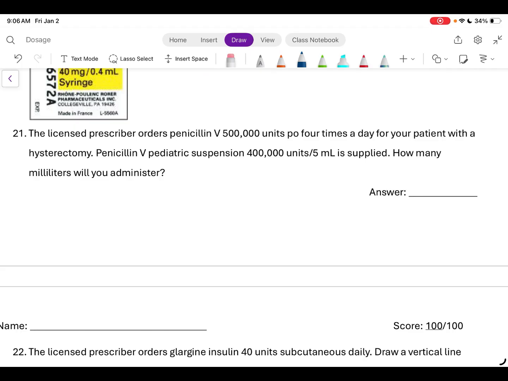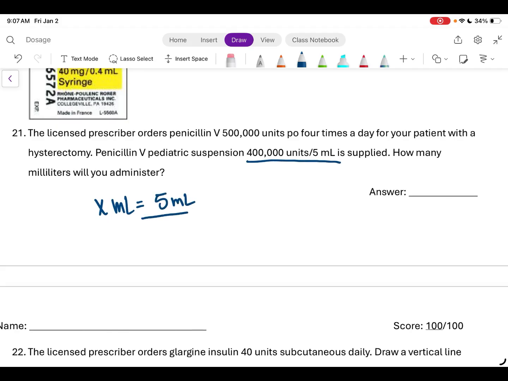Number 21, licensed prescriber orders penicillin 500,000 units. It comes available as a 400,000 unit per 5 milliliter suspension. How many milliliters will you give? So X mL again. Here's my concentration. I'm just going to write it backwards. My order.